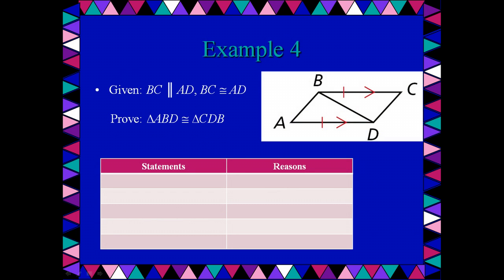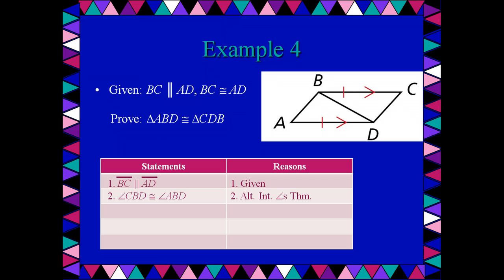Let's look at another example and write a proof. If we're given that BC is parallel to AD and BC and AD are congruent, we want to prove that triangle ABD is congruent to triangle CDB. So first of all, we are told that they are parallel segments, so that's given.